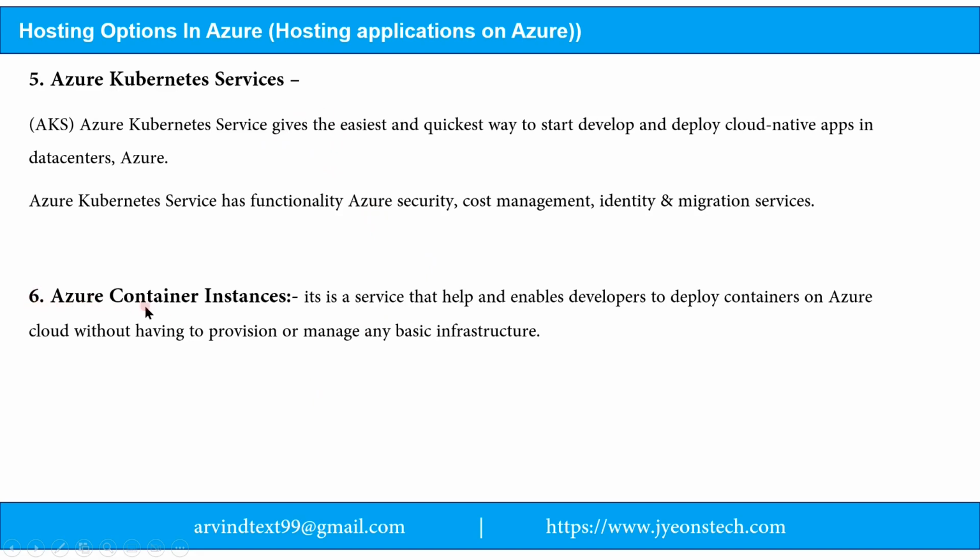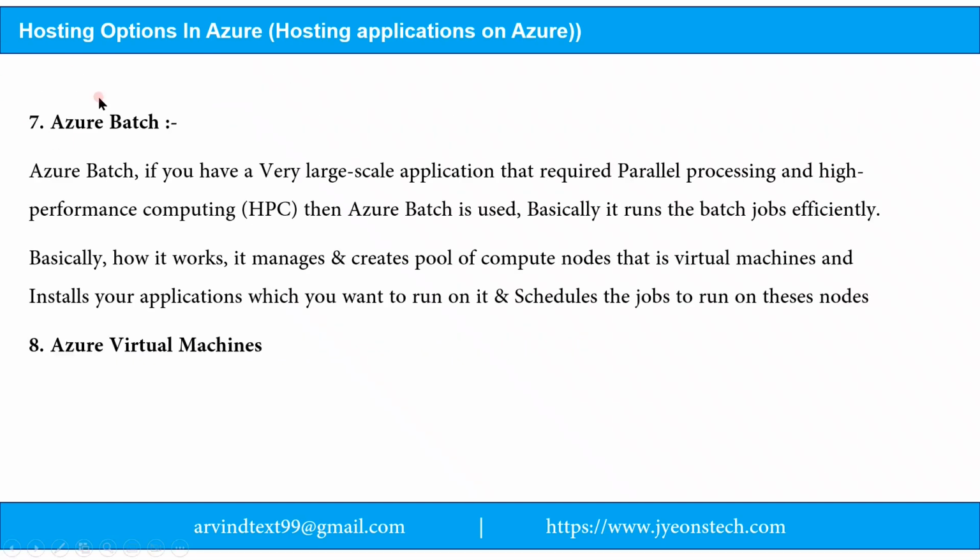Sixth is Azure Container Instances. It is a service that enables developers to develop containers on Azure cloud without having to provision or manage any basic infrastructure. Next is Azure Batch. If you have a very large scale application that requires parallel processing and high performance computing, HPC, then Azure Batch is used.